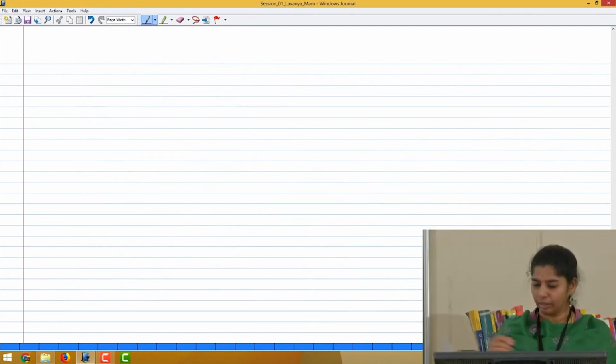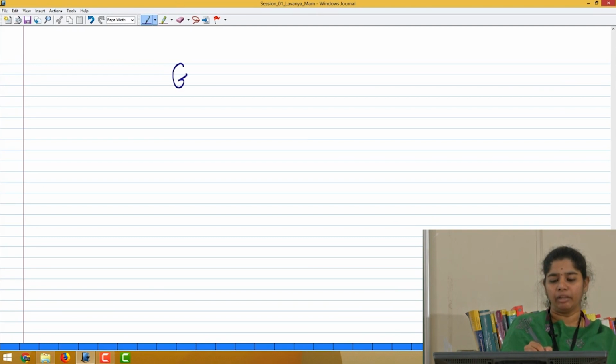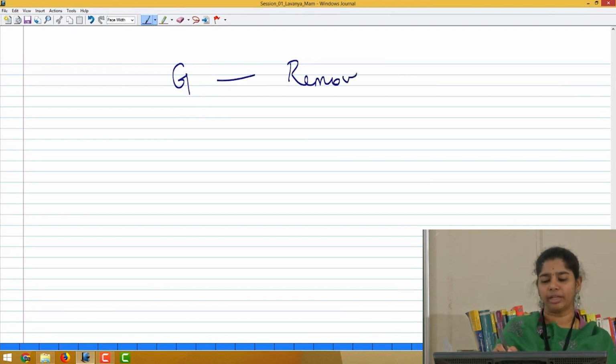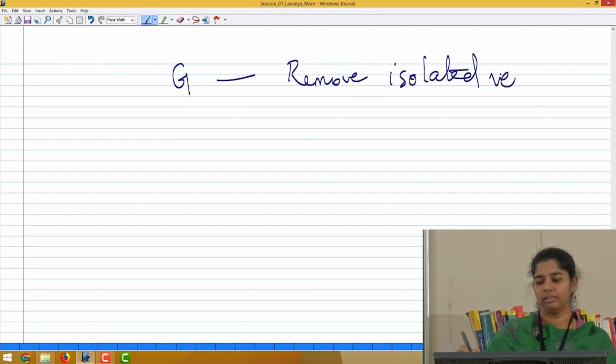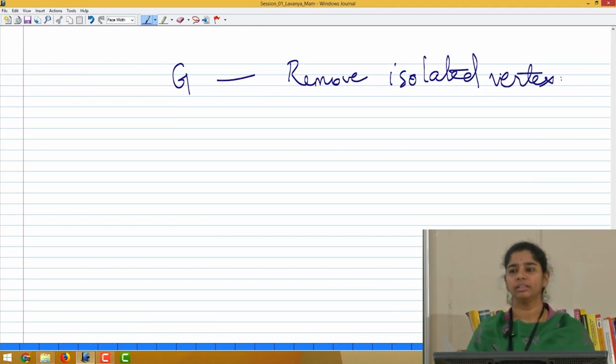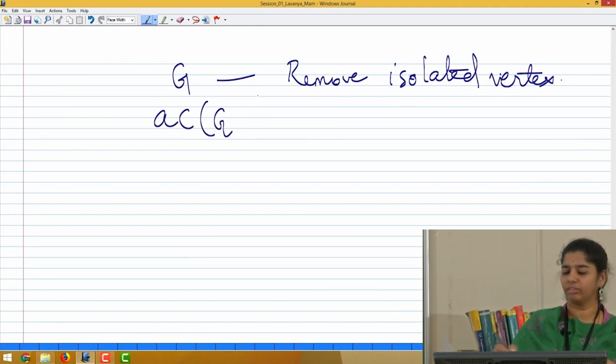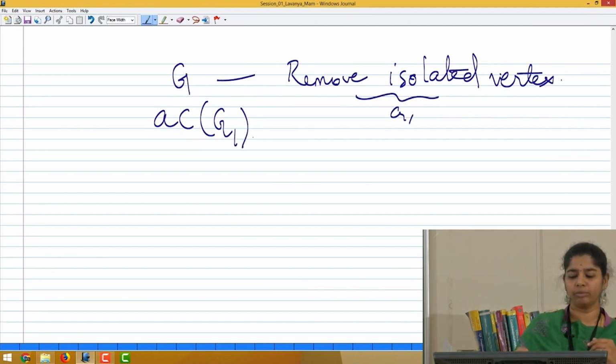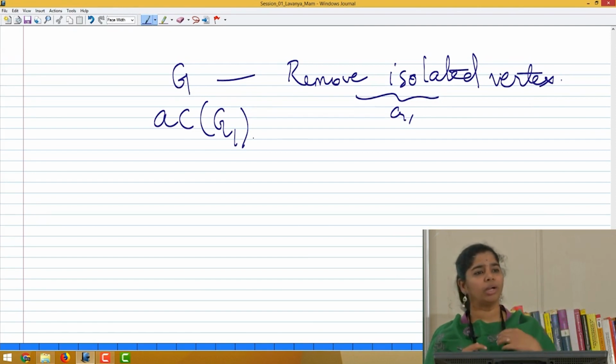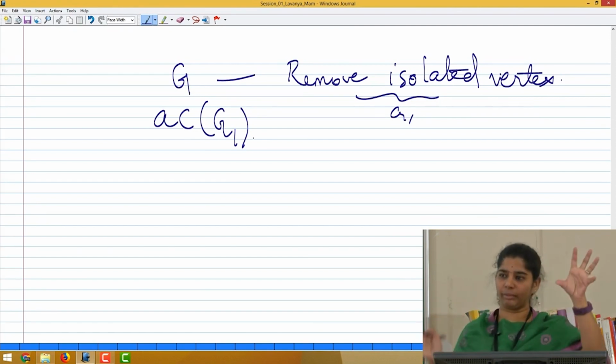If so, when? So what he says is, suppose from my G I remove the vertex which is isolated, then what happens to the algebraic connectivity of this graph G1 after removing one isolated vertex? What will happen to this? What if there was only one isolated vertex in my graph?